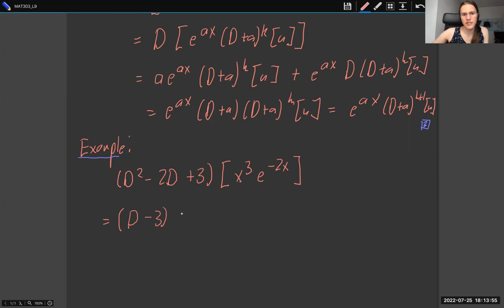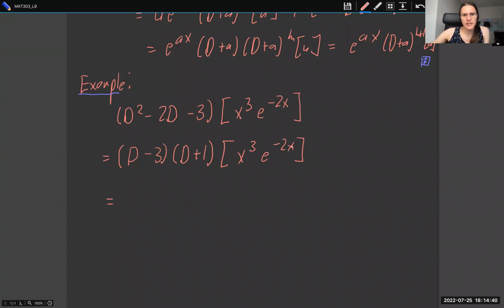Oh, sorry, I made a typo. In order to make this happen, I need to write minus 3. I think the original problem didn't have this, and you're right. Okay, modifying the problem, minus 3. Now it factors. Thanks, sorry about that.